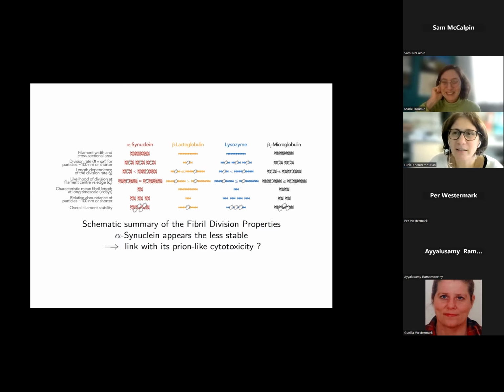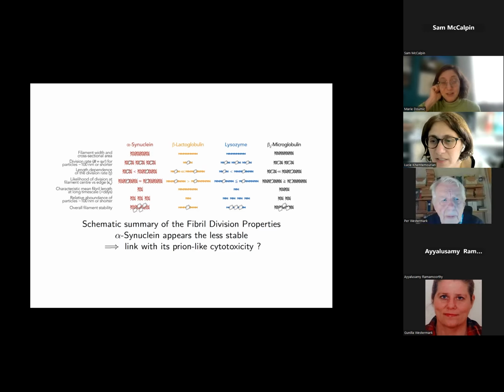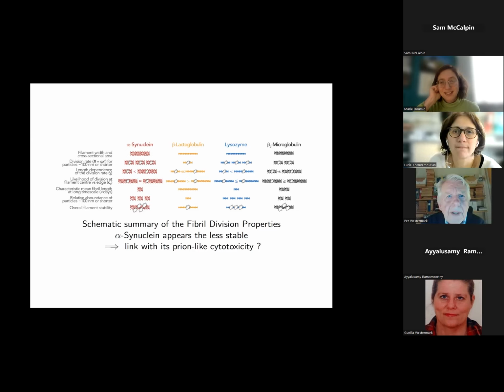There's one question in the Q&A. Yeah, sorry. I think it's for Per. Yes, it's for Per. Does COVID-19 spike protein bind to TTR and facilitate the amyloidosis? Can I see? Yes, I think you can see it, Per. Do you want me to stop the share?